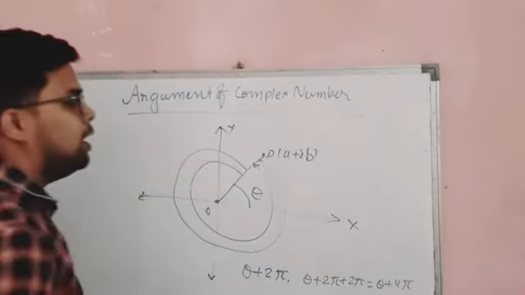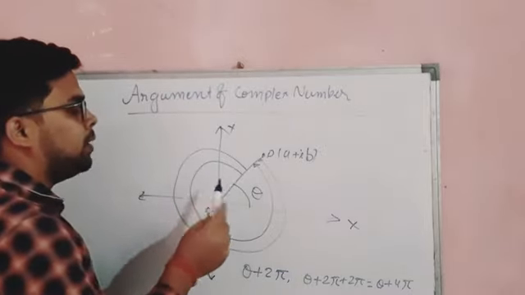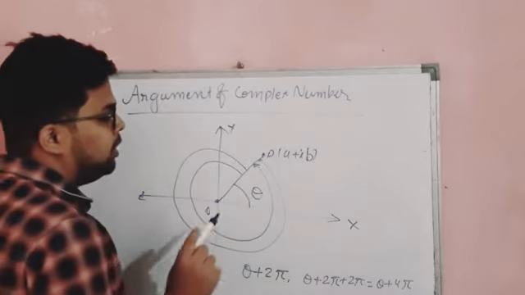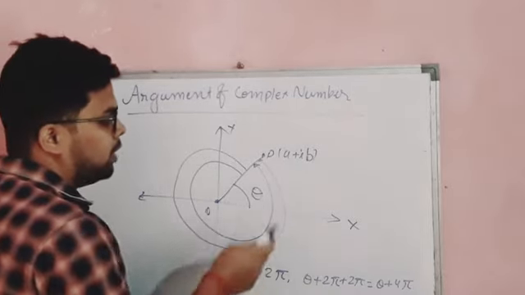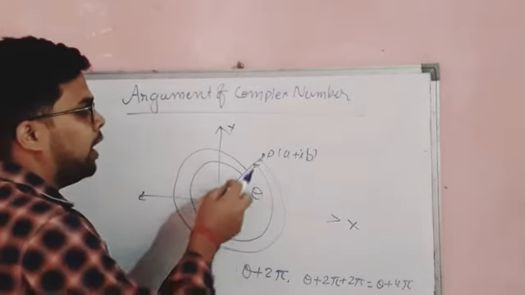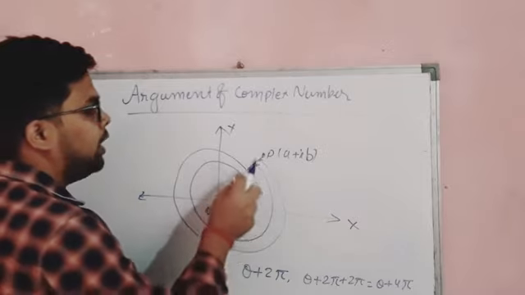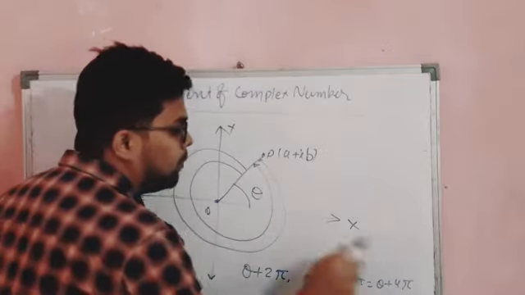So student, you are seeing that if OP completes one round and reaches its initial point, the angle made by OP from the positive x-axis is theta plus 2 pi, and if OP completes two rounds, the angle is theta plus 4 pi.